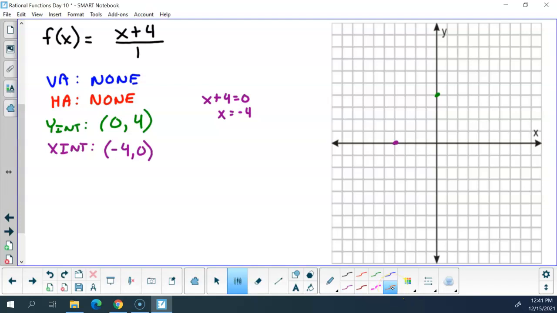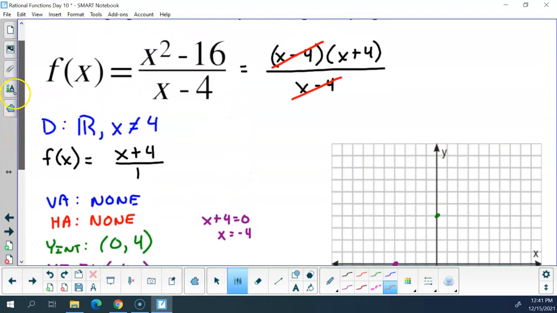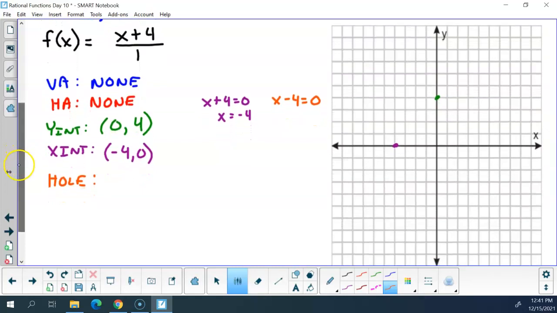Holes. Do we have a hole? Yes, because we factored something out, right? Step number 1 to find the hole is we take what we factored out, which was x minus 4, and we set that equal to 0. So that would give me x equals 4. Then I find f of 4 in my new function.